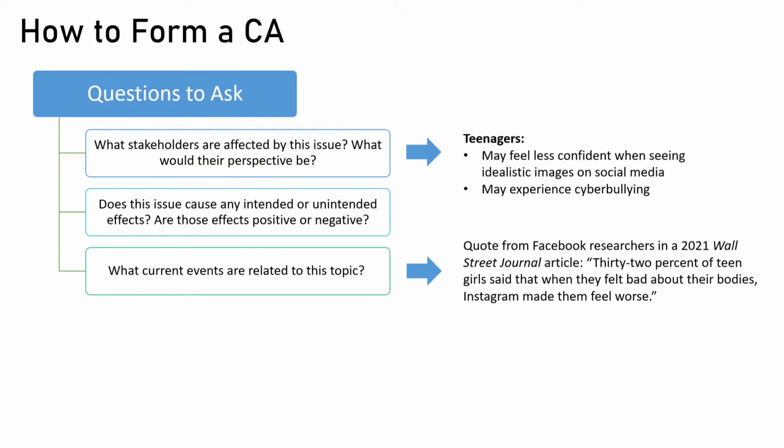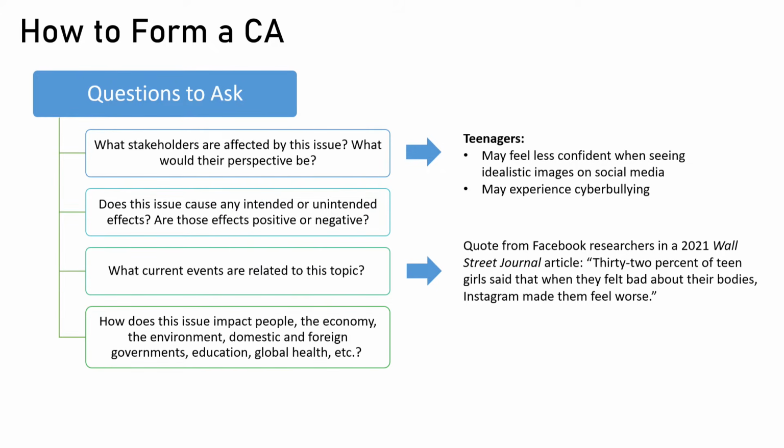Another question to ask is, how does this issue impact people, the economy, the environment, domestic and foreign governments, education, global health, etc.? So there's a couple of different answers to this question in this topic. For example, social media can lead to anxiety and depression.